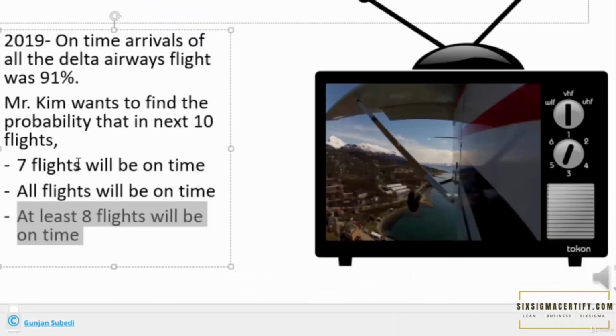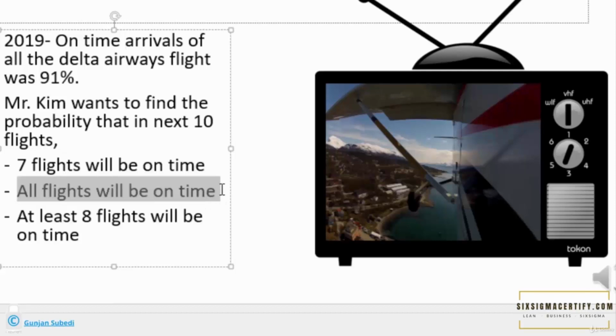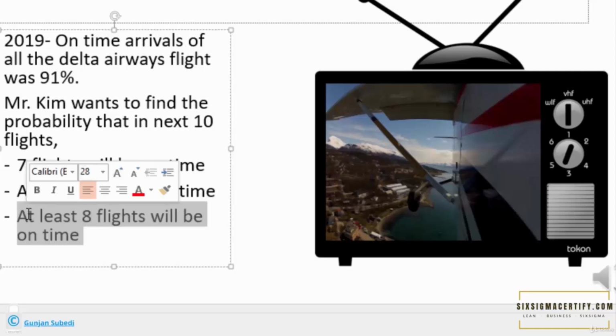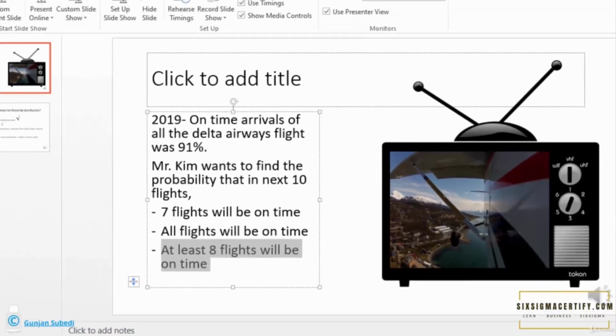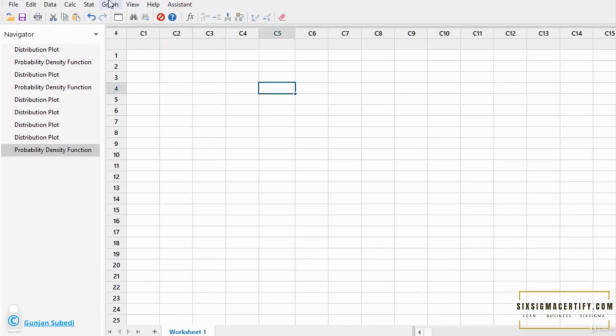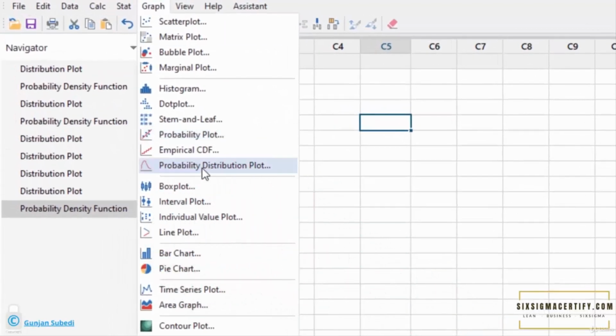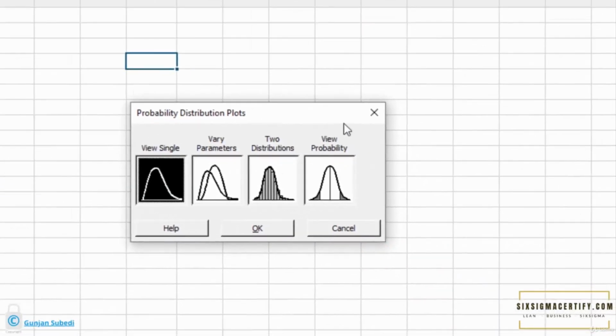So now we have the probability for 7 flights landing on time, and all flights, 10 out of 10 flights, landing on time. Now the next question is at least 8 flights landing on time. For that, I will use a second approach. And now this is rather interesting because the probability of landing of at least 8 flights means the probability of landing of 8, 9 or 10 flights. So I go to the graph, click the probability distribution, and now I will use a slightly different approach.